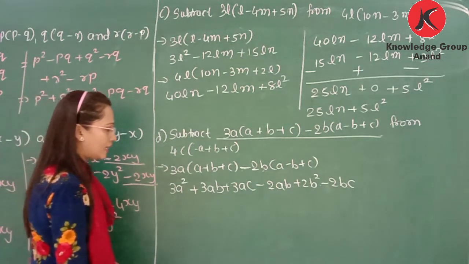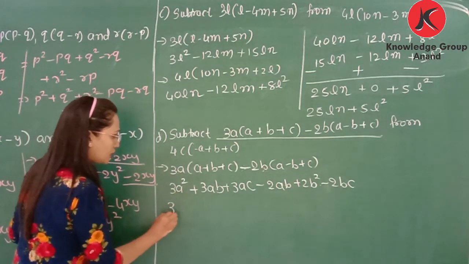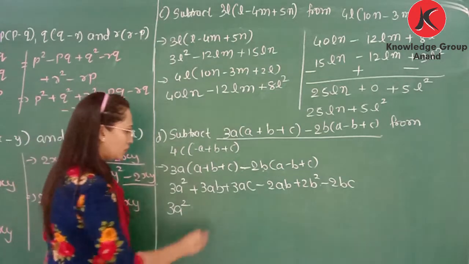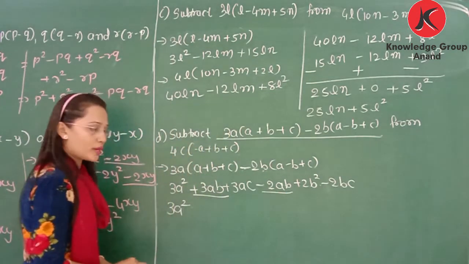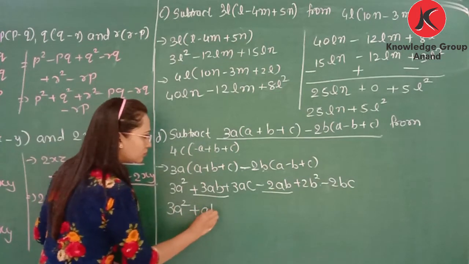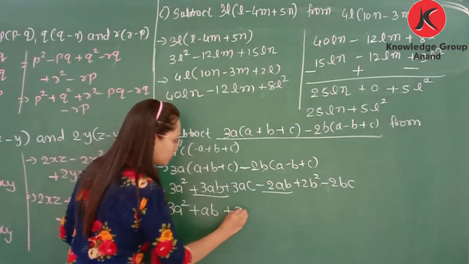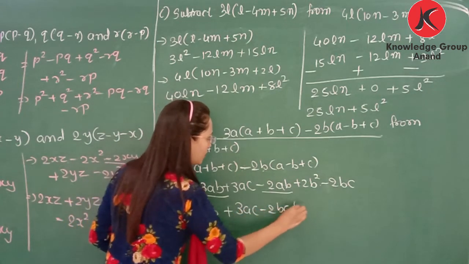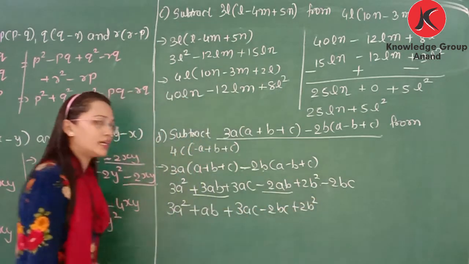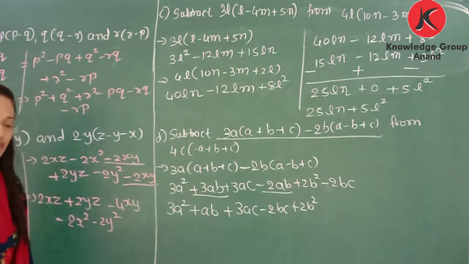Now are there any like terms? 3a square as it is. 3ab minus 2ab becomes ab, plus 3ac minus 2bc plus 2b square. Now the remaining are unlike terms, so we need to write them as they are.